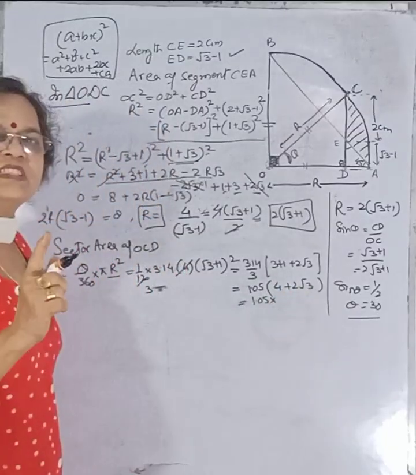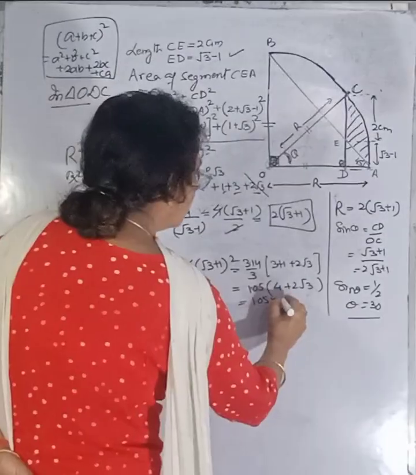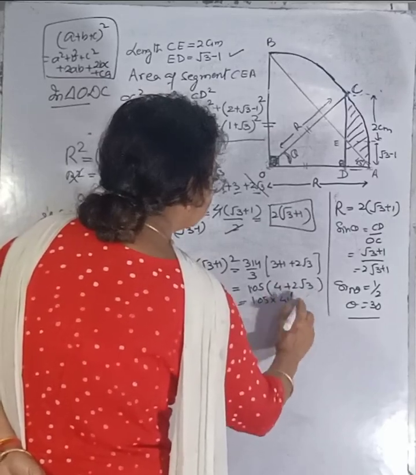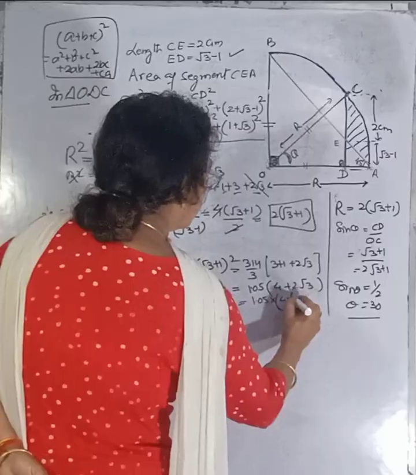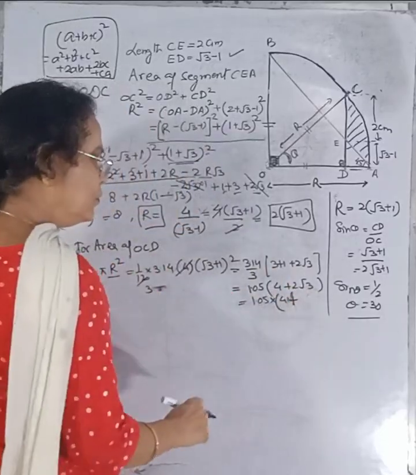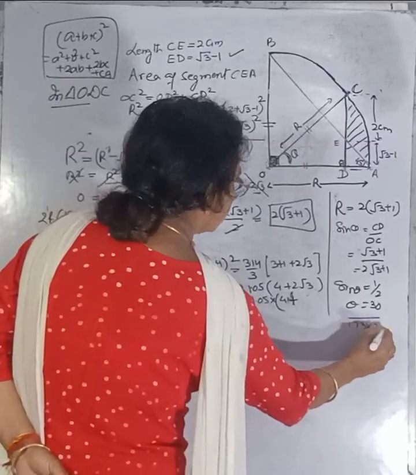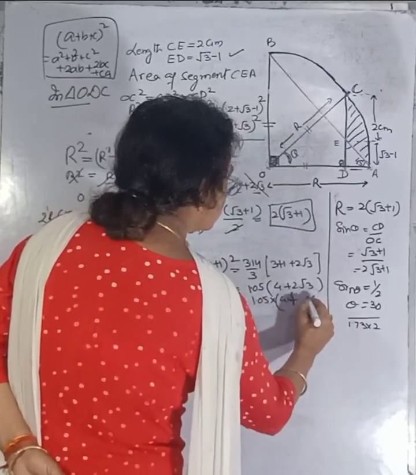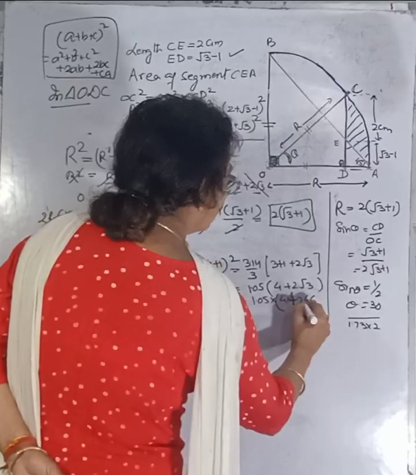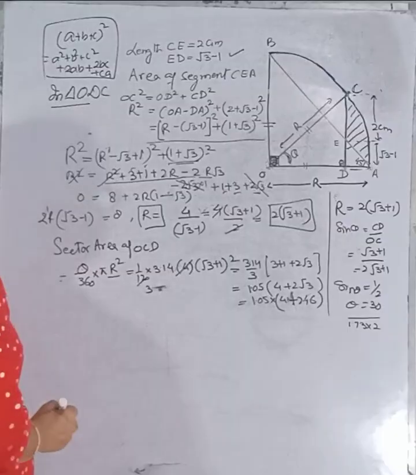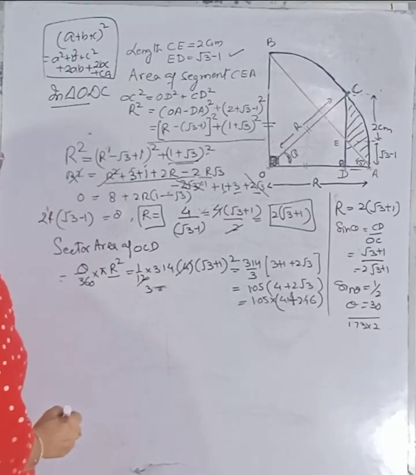Root 3 is equal to 1.73. So it is 1.05 into 4 plus 2.46.